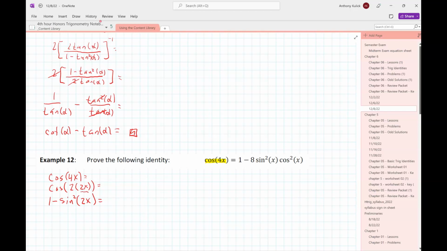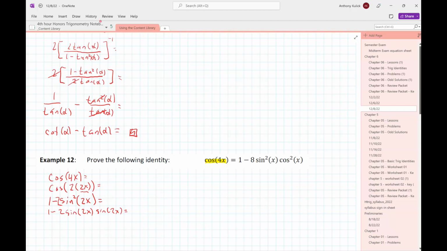So again, this is like cosine 2 theta, and 1 minus 2 sine squared theta, but my theta is really just the 2x there. So I have this. And now I can think about this as 1 minus 2 sine 2x times sine 2x.